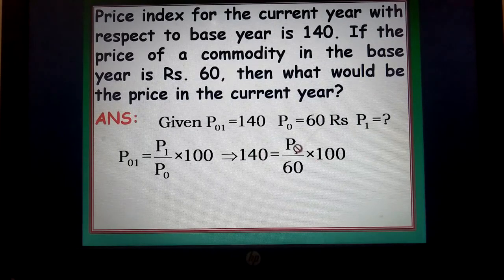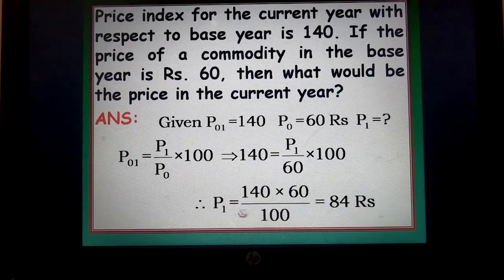So P1 is equal to, this 60 goes to the left hand side, it will be multiplied with 140. And here the multiplication of 100 goes and becomes divided by 100 on the left hand side. So we can conclude P1 is equal to 60 multiplied by 140 divided by 100. That's what has been written over here. 60 multiplied by 140, divided by 100.